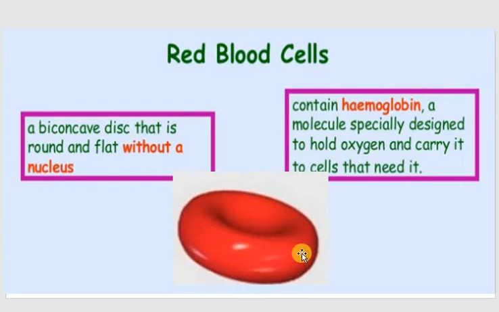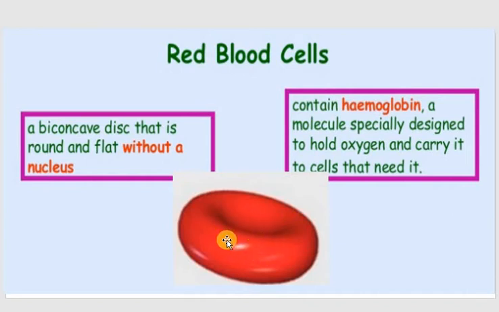Actually, cells contain a nucleus. Cells are units of living organisms, or you can say all living organisms are made up of tiny little cells, and the cell is covered with a cell membrane, and inside it has a nucleus.